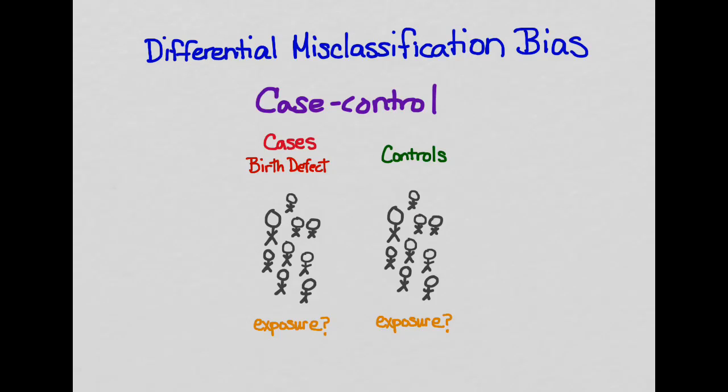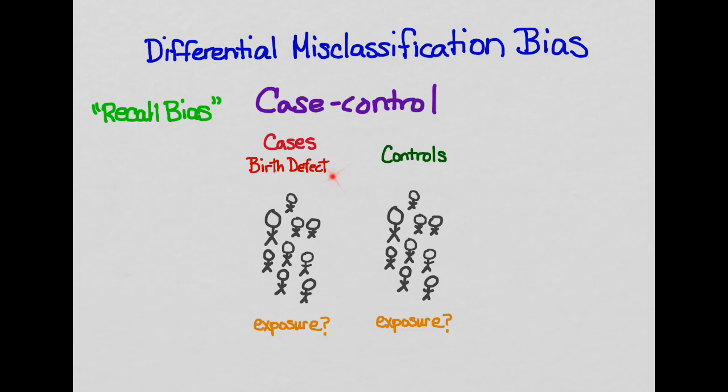Okay, so an example of a differential misclassification bias is recall bias, which we've talked about before. The recall bias occurs in a case control study. So for example, say we have a case control study and we're looking for the causes of birth defects.